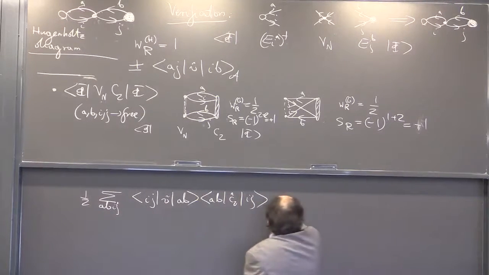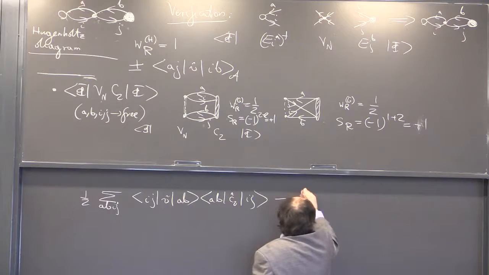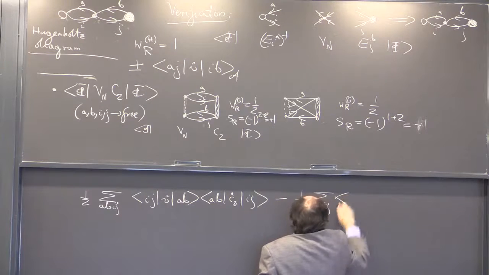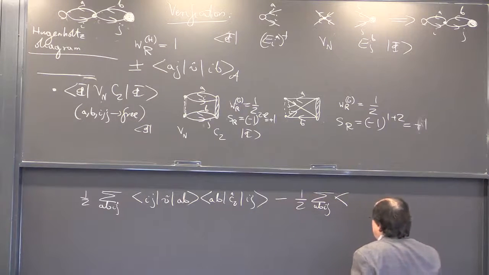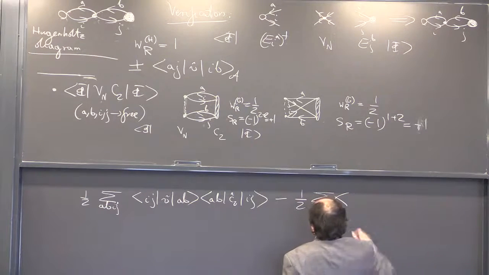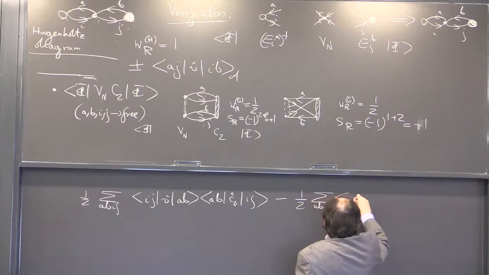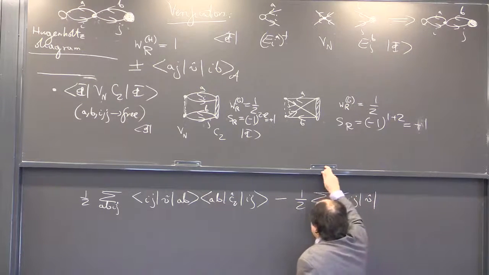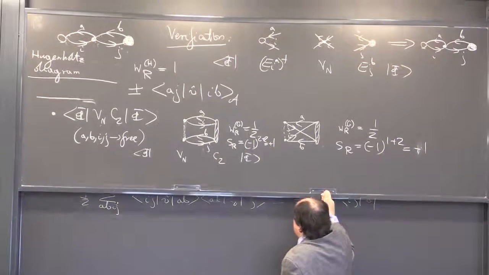For the second diagram, you end up with a minus, the sign is minus there, 1/2 summation over A, B, I, J. If you look at the V contribution to the scalar, we have outgoing lines I, J, V. If you read it in this order, you have to watch the order of symbols.